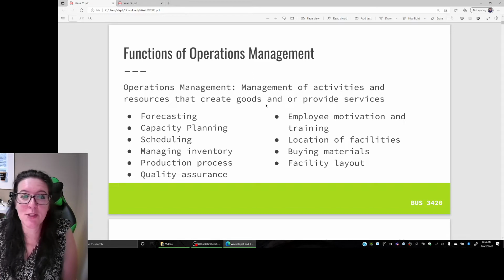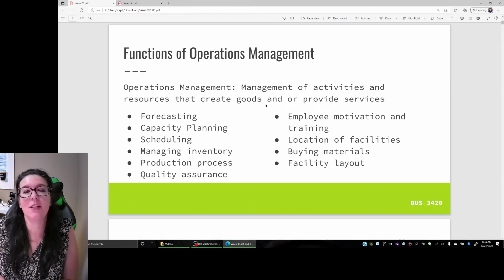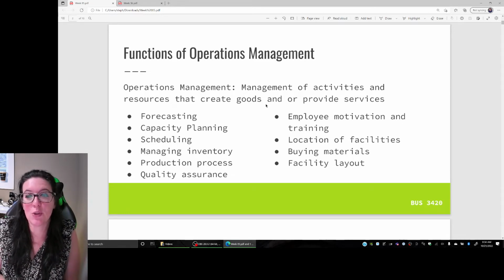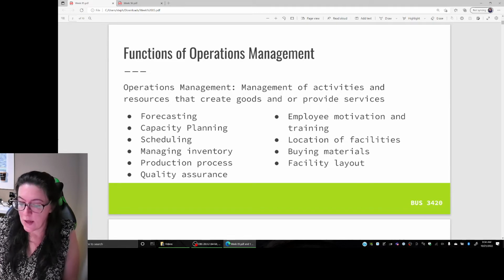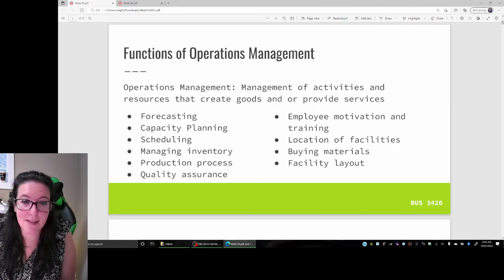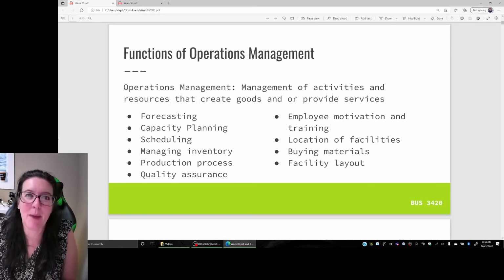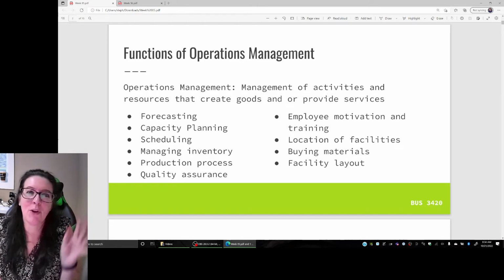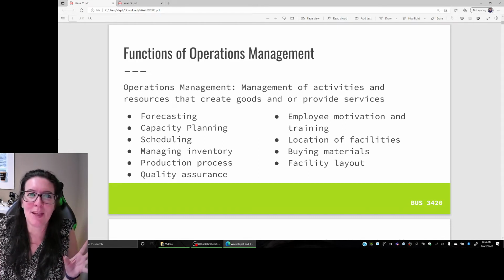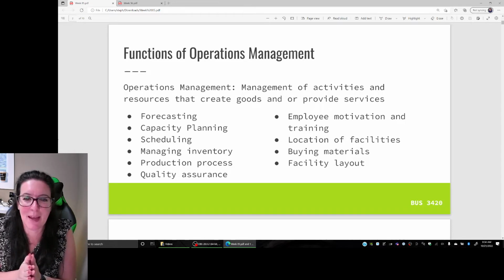In operations management, these are any of the activities or resources that create goods or provide services. That's everything from deciding your production process to looking at how much you actually need to make, so forecasting demand, and then bridging the gap between the amount you're able to produce and the amount you need to produce, so doing capacity planning.